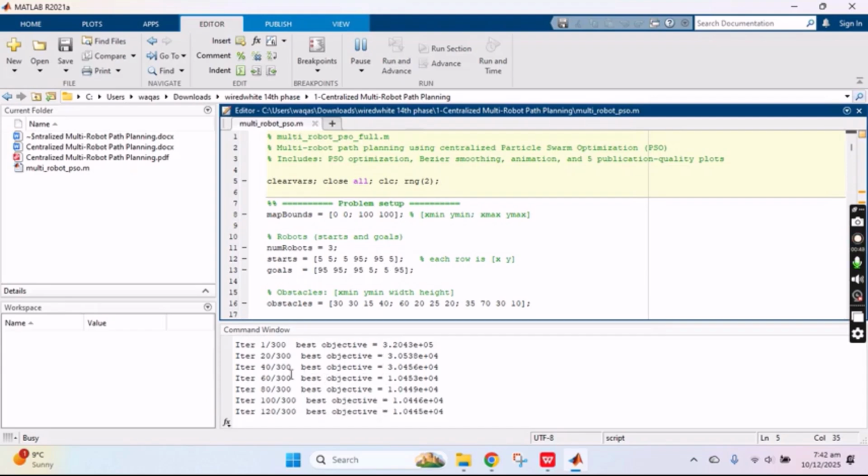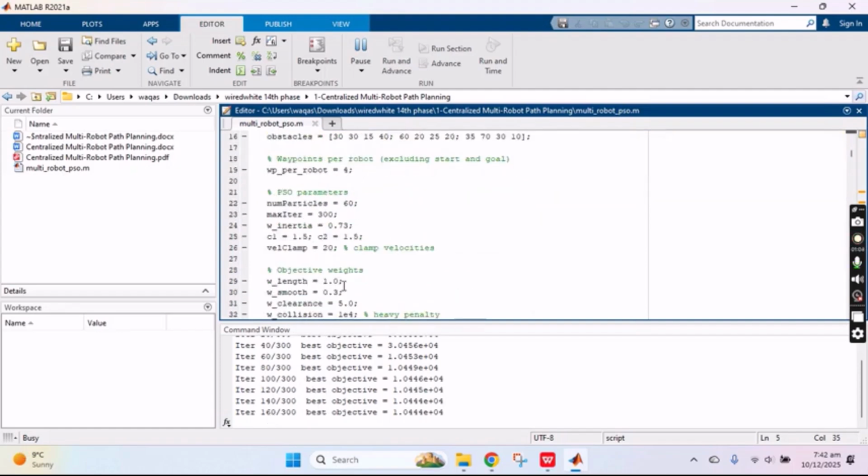The iterations are moving in terms of 300 total iterations, and every 20 iterations works with the time span. So when 300 is completed, it will show us the output results.